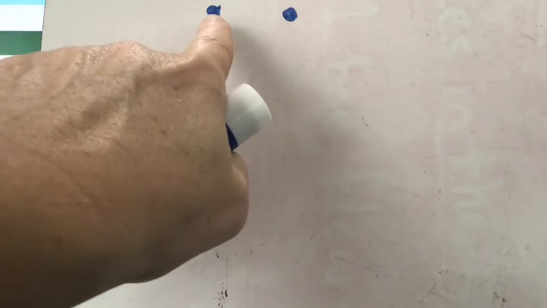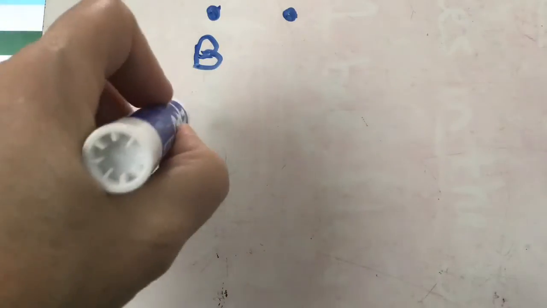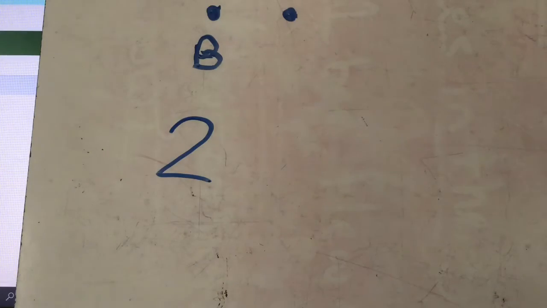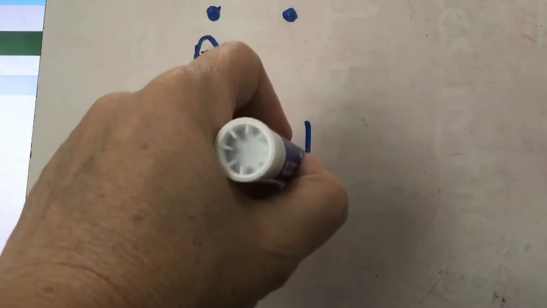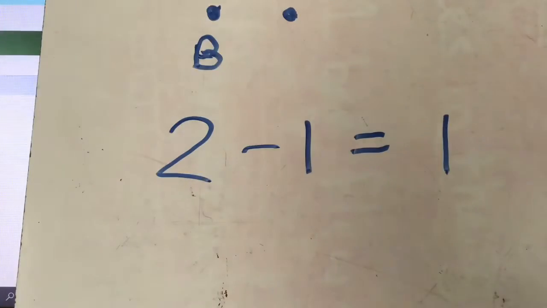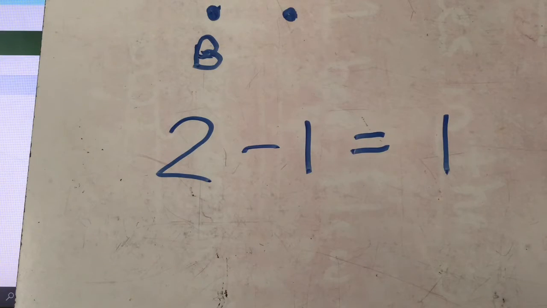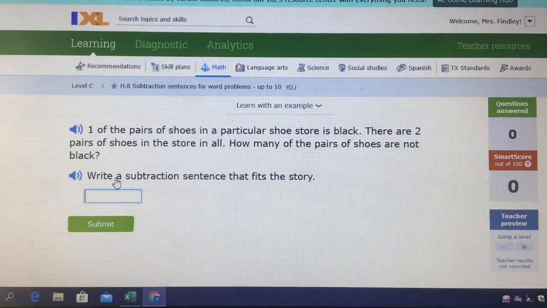So how many were not black? If there were two pairs of shoes and one of them was black, this is the only one that is not black. So what math problem did we just do? We started with two pairs of shoes, and then we took away the one that was black, and that left us the one that was not black. So our math problem is 2 minus 1 equals 1. So we're going to type that in. 2 minus 1 equals 1.